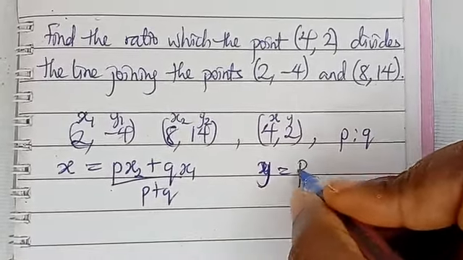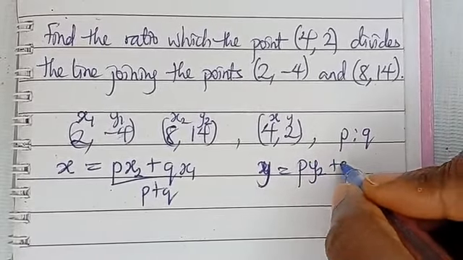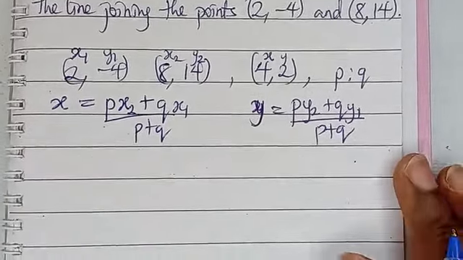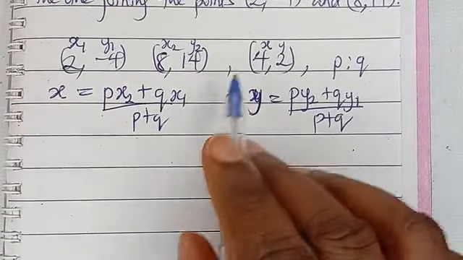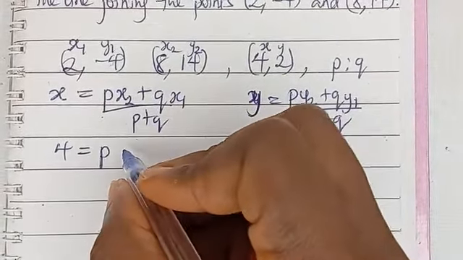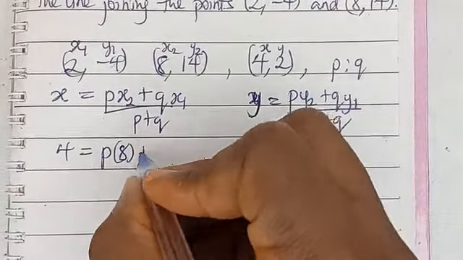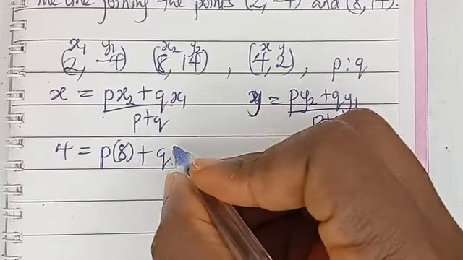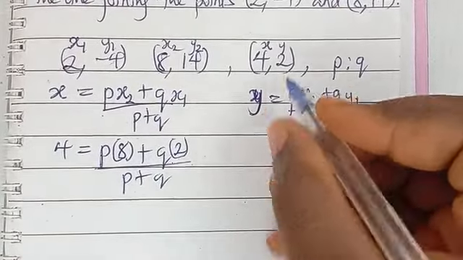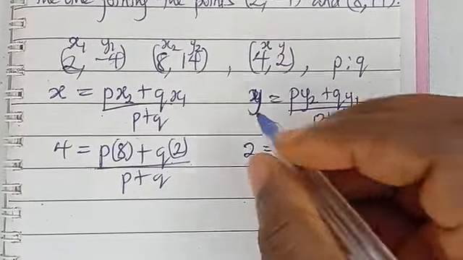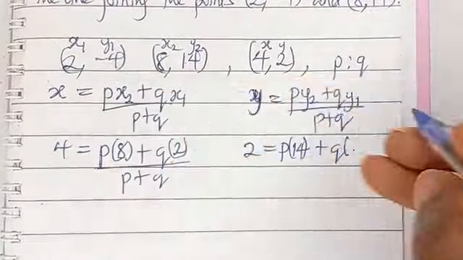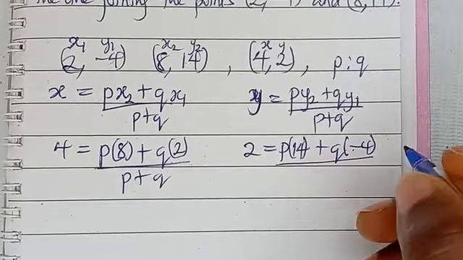And for the y side we have p y2 plus q y1 over p plus q, and then we now substitute. We have that x is equal to 4, p is still p, and x2 is 8, plus q is still q, x1 is 2, over p plus q. And for the y side, y is 2, y2 is 14, p into 14 plus q into y1, which is negative 4, over p plus q.